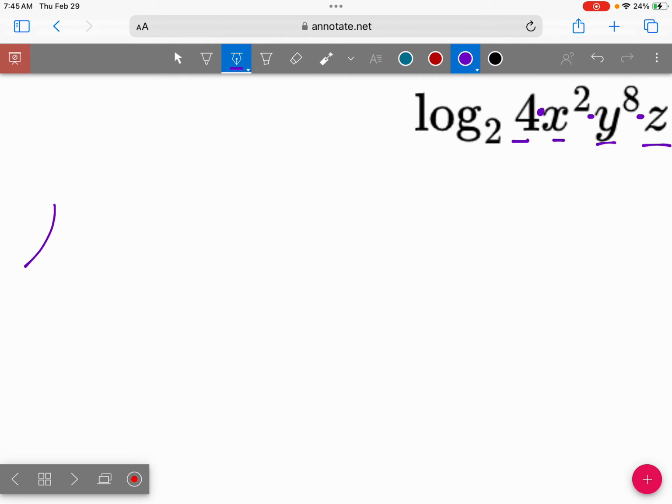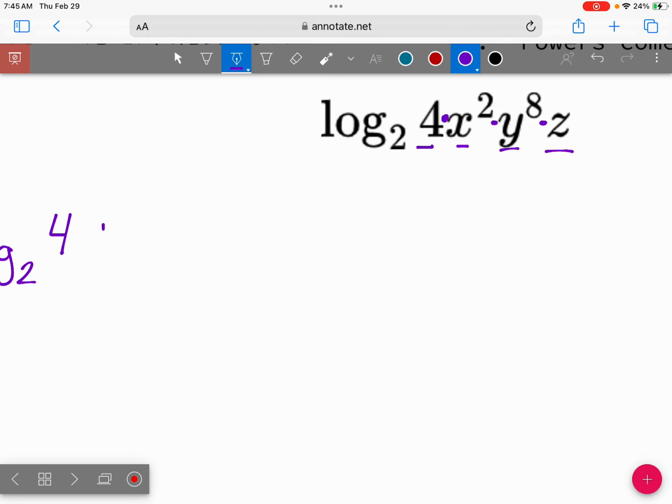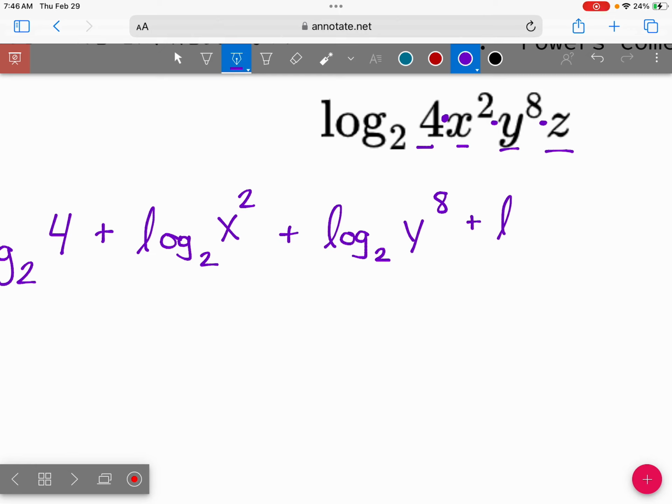So we're going to have log base 2 of 4 plus log base 2 of x squared plus log base 2 of y to the 8th plus log base 2 of z.